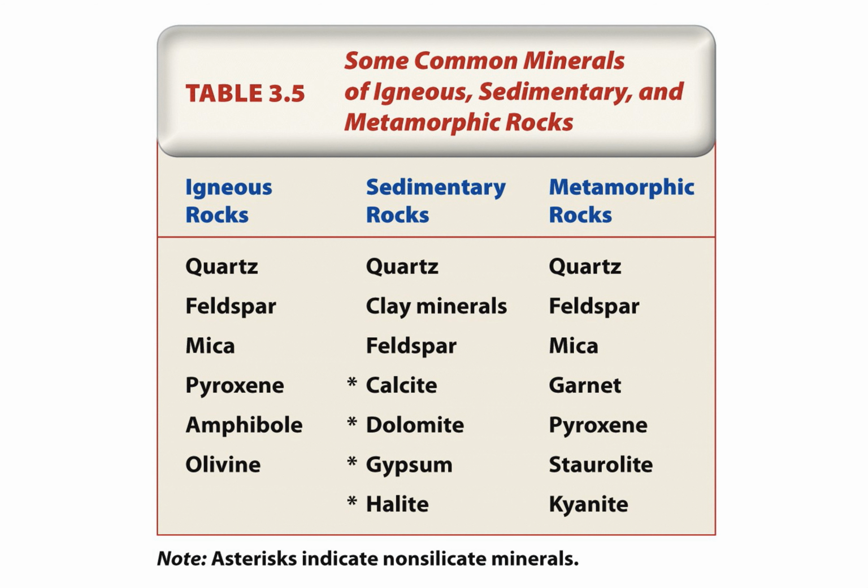Then in the column in the middle, we have the most common minerals in sedimentary rocks. We have quartz, the clay minerals, feldspar, calcite, dolomite, gypsum and halite. Quartz, the clay minerals and the feldspars are silicate minerals.